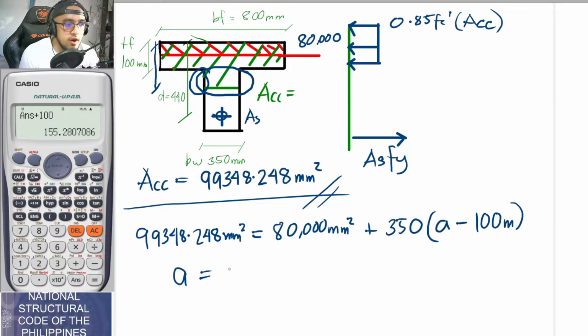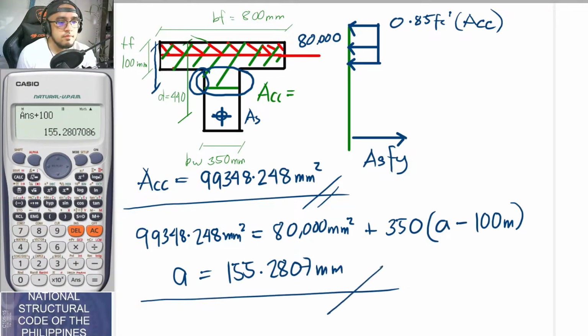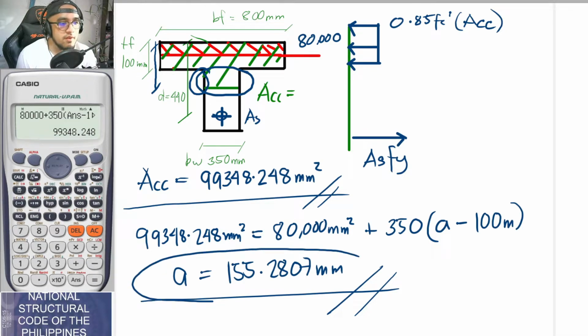So the value for our A is 155.2807 mm. Confirming: 80,000 plus 350 times the answer minus 100 is now equal to 99348.248. So this is the value for our A.